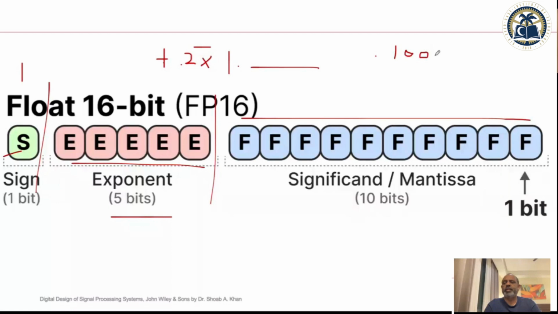So you have 100.14, I'm just giving you an example. But to represent them, your number should always be 1 point something, and whatever you want to take, you take it on the exponent. So you put it here, 2 raised to the power something.